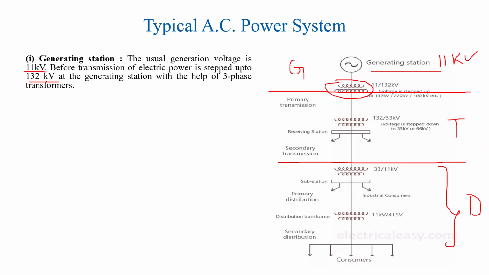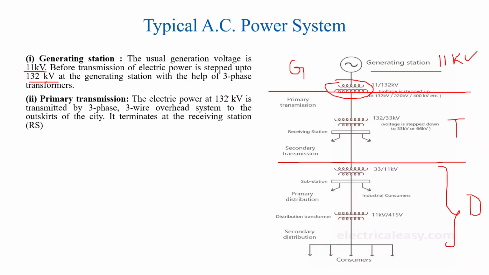Next comes the primary transmission. The voltage in the primary transmission is 132 kV and it is transmitted using a 3-phase 3-wire overhead system.